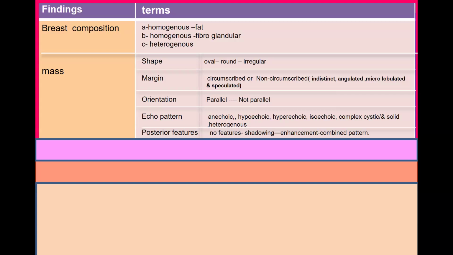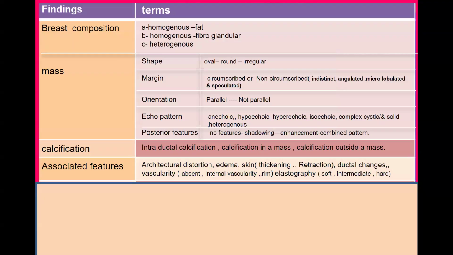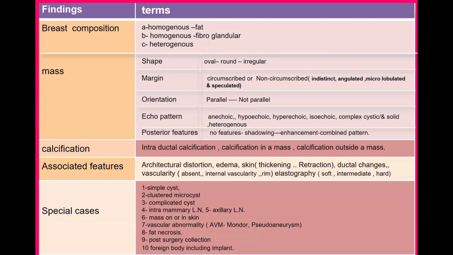The descriptors of the mass include shape, margin, orientation, echo pattern, and posterior features, with further descriptors. Then the other item is the calcifications. We are not going to discuss the associated features and special cases in these lectures. Today, we are going to discuss only the mass.